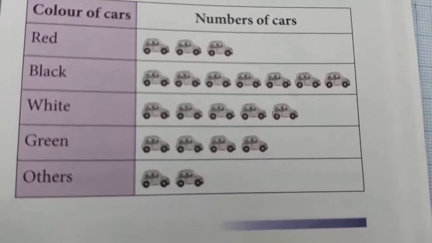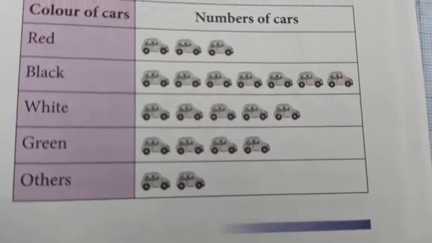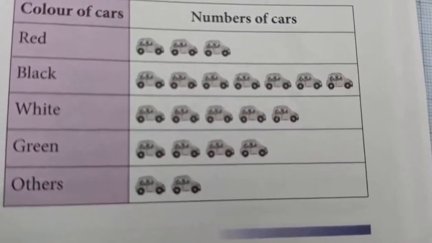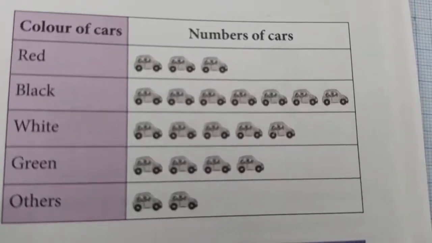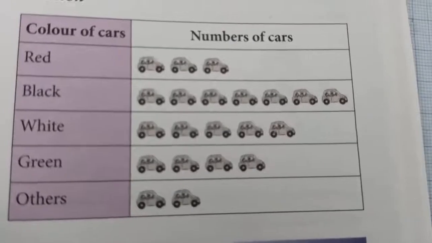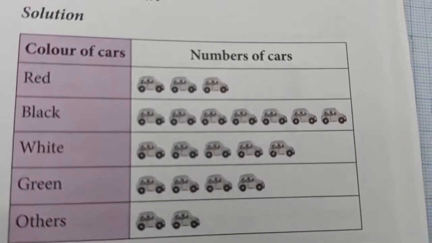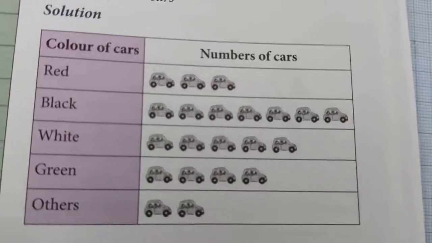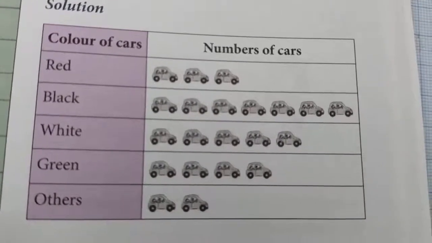Black there were 105, so 7 cars. White there were 75, so 5 cars. Green there were 60, so 4. Others there were 30, so 2 cars, because each picture represents 15 cars.